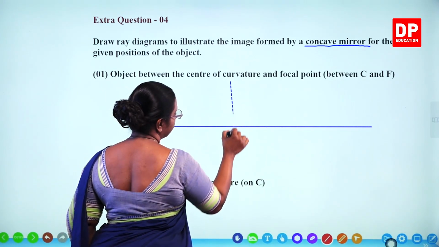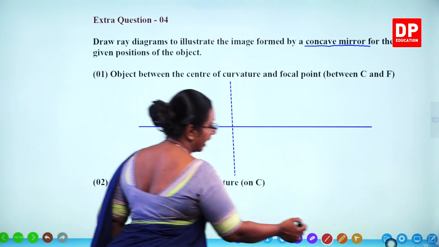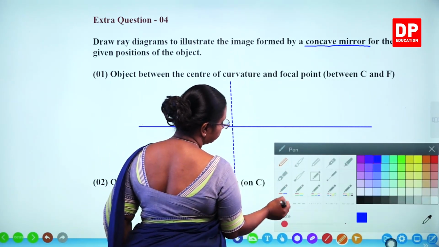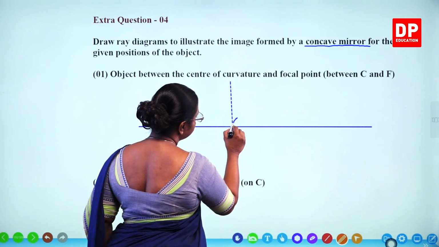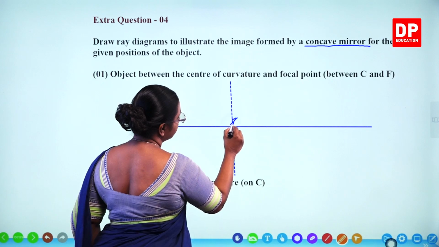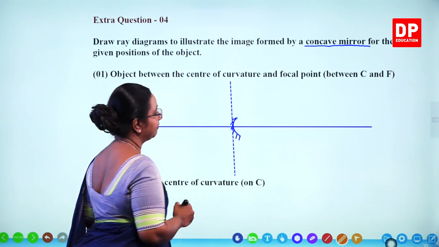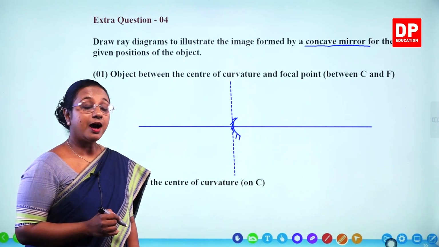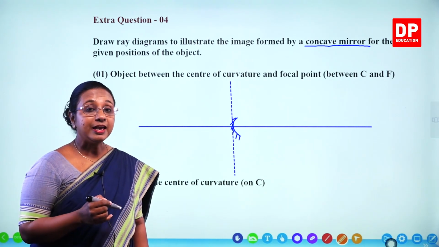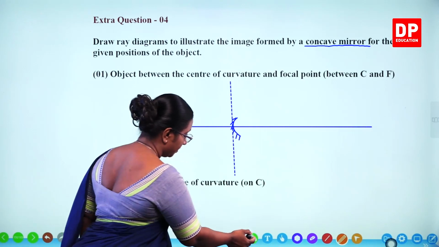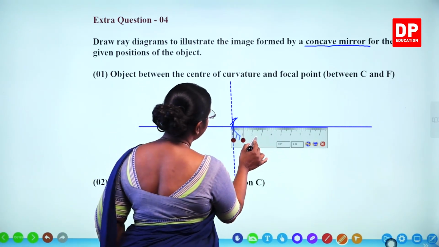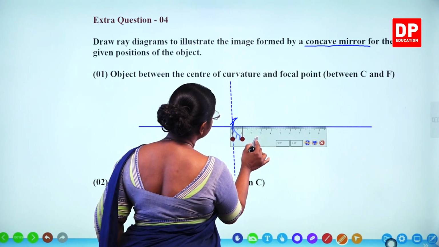So I will put the line somewhere here. And then what do we do? We have to draw a concave mirror. So for the concave mirror, we have to show the reflective and non-reflective surfaces. After that, what do we do? We need to mark the F and C. So you all know the distances. They have not given us any values.